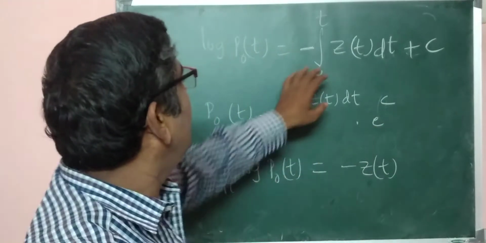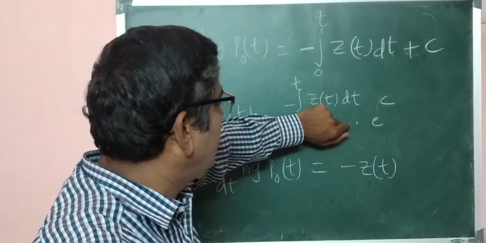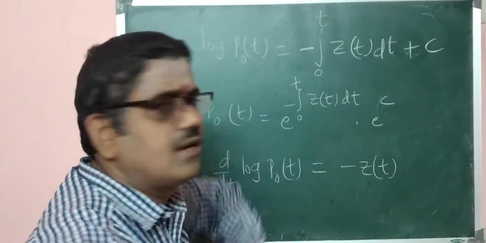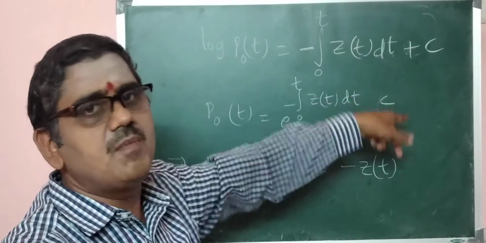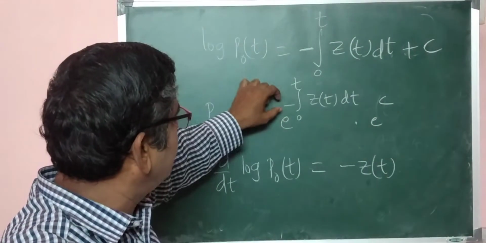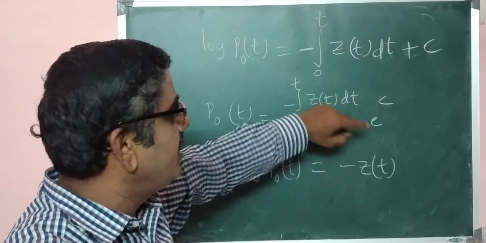E power a plus b is equal to e power a into e power b. So e power a, that is e power minus integral 0 to t z of t dt, and e power c.